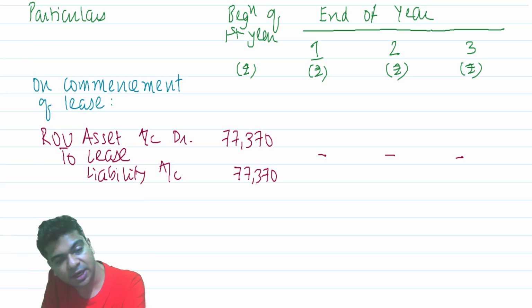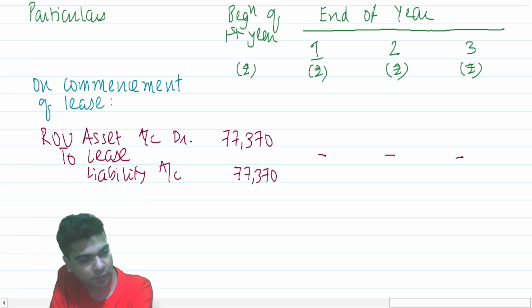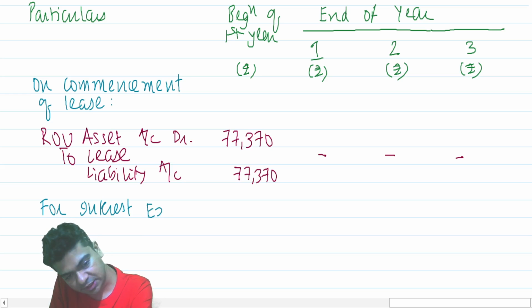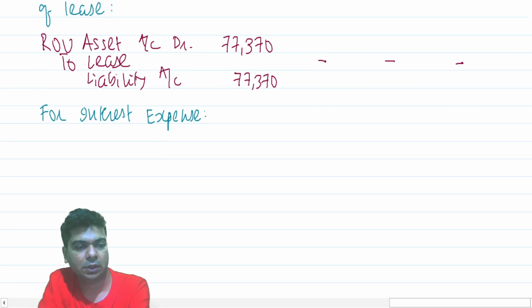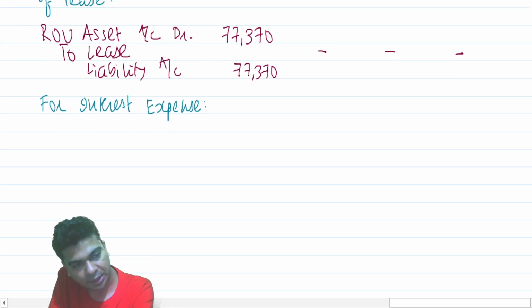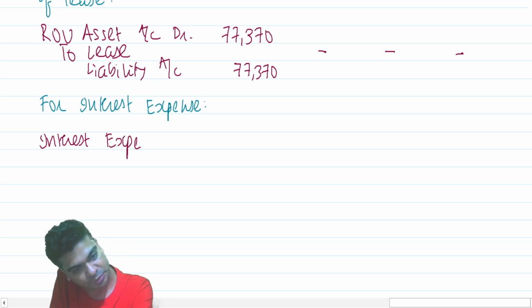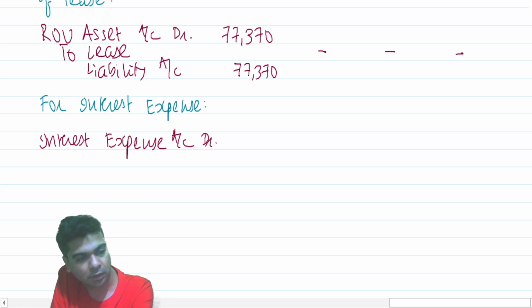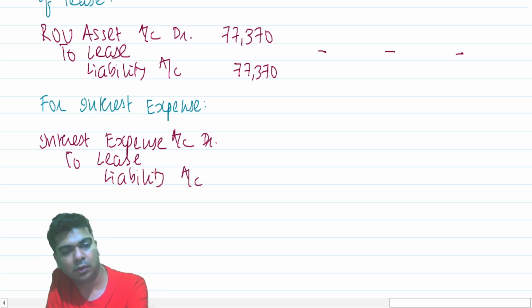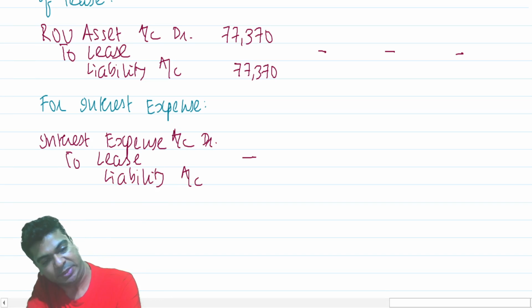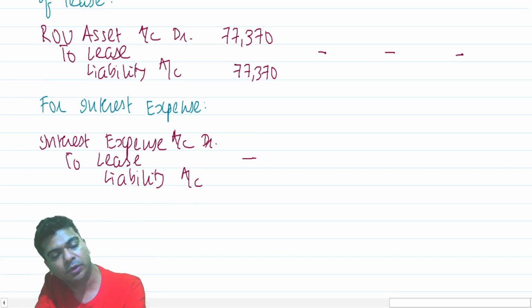For the lease liability, there shall be interest expense. So for interest expense, our accounting entry here will be interest expense account debit to lease liability account.